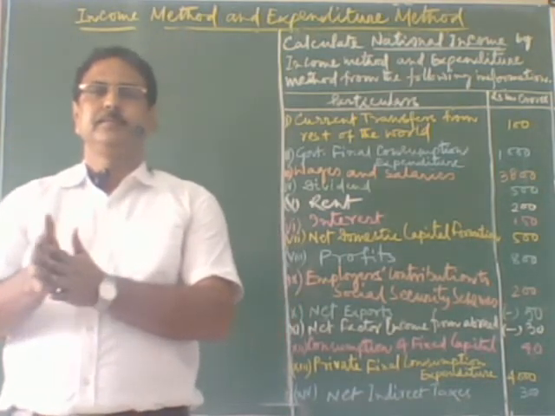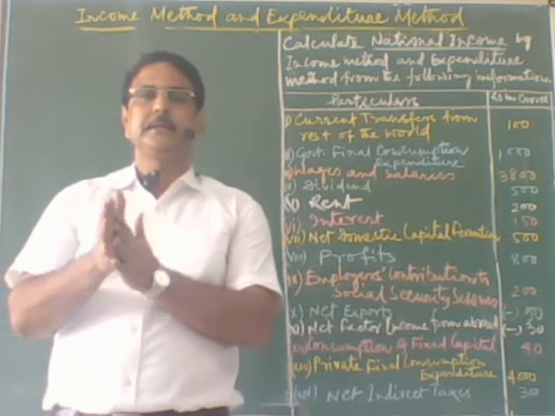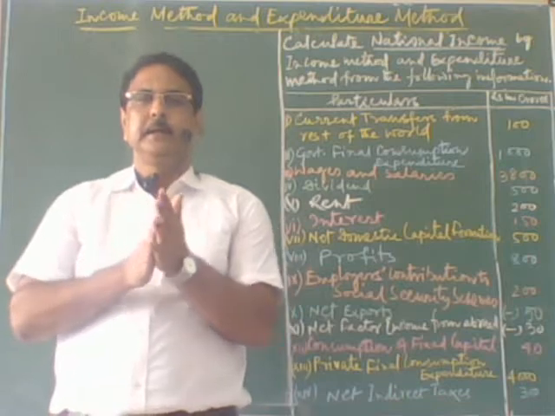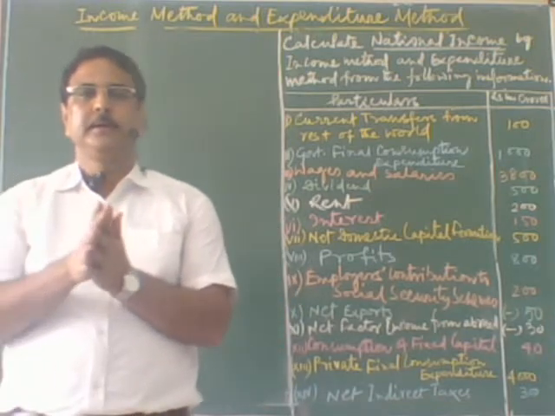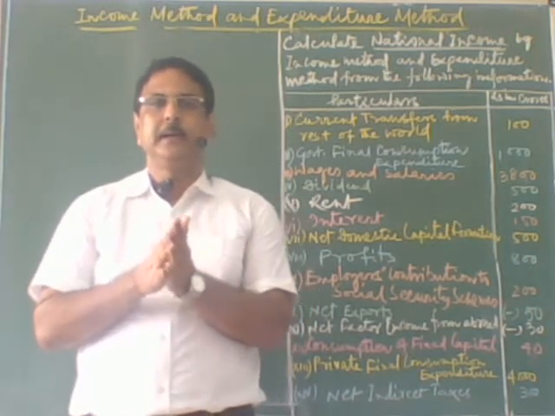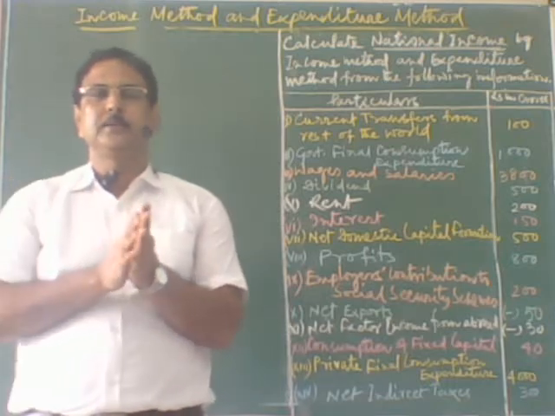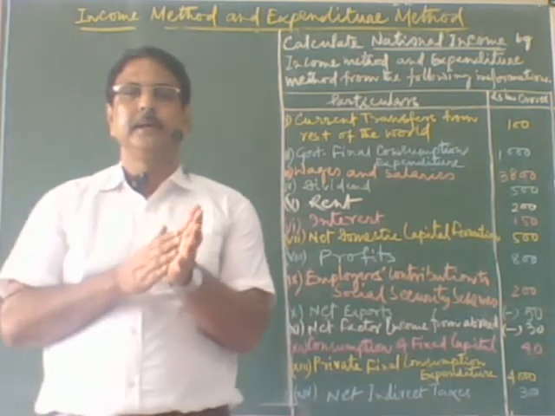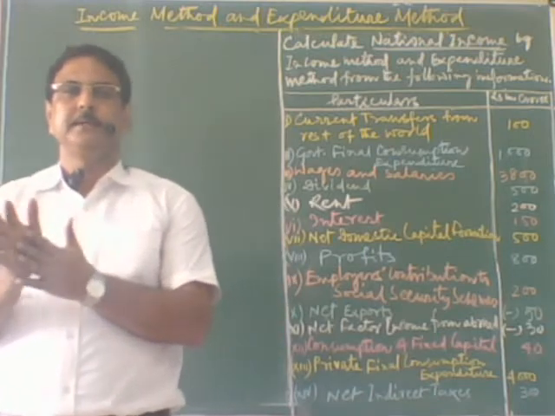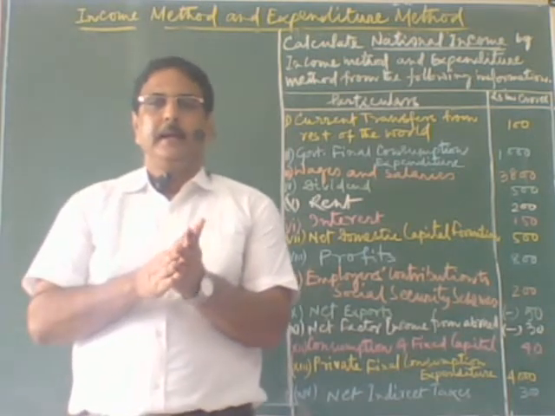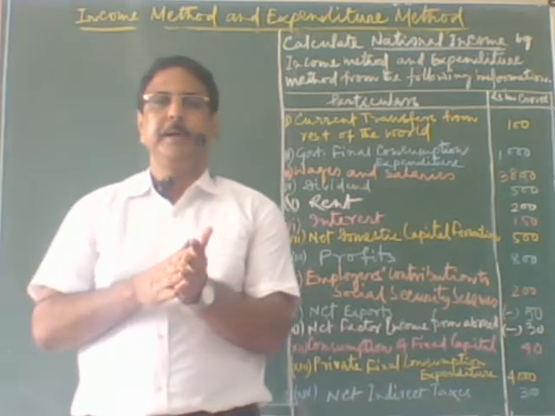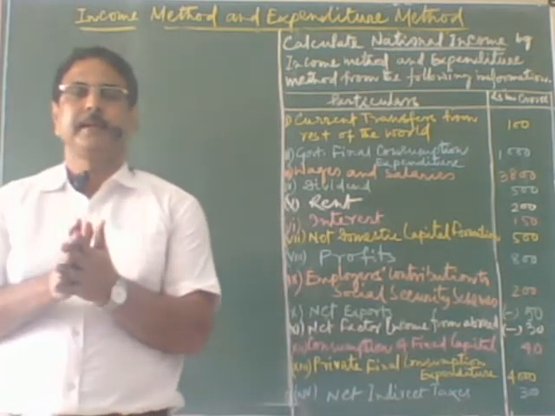Welcome to all. In the previous lecture, I solved two problems related to aggregates of national income, that is GDP at market price, NNP at factor cost and NDP at factor cost.